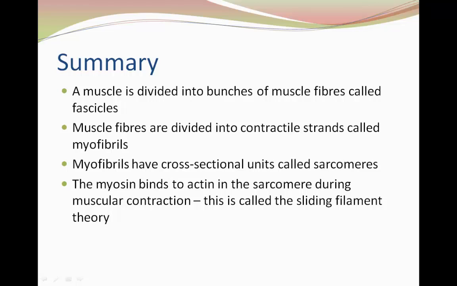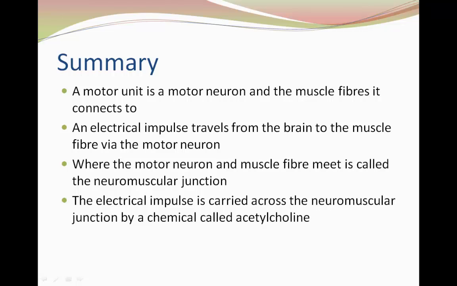The myofibrils have cross-sectional units called sarcomeres, and in those sarcomeres you have actin and myosin, and the myosin binds to the actin in the sarcomere, and that actually causes contraction. Now that's considered a sliding filament theory. It's a bit hard to prove all of these things, so usually what ends up happening is someone forms a theory about it, and that becomes standard knowledge.